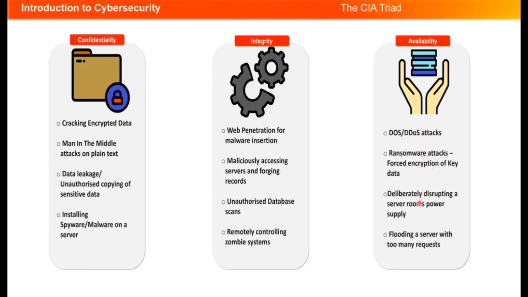Availability is denial of service. Ransomware encrypts the files on a computing system and then requests that the user pay a ransom for the key to decrypt. Deliberately disrupting power and flooding a server with too many requests. That's an example of a denial of service.